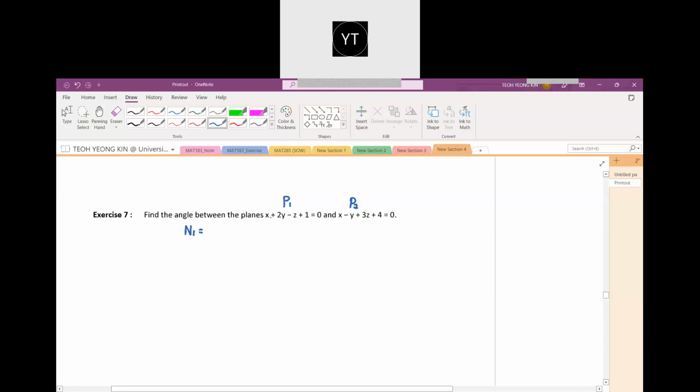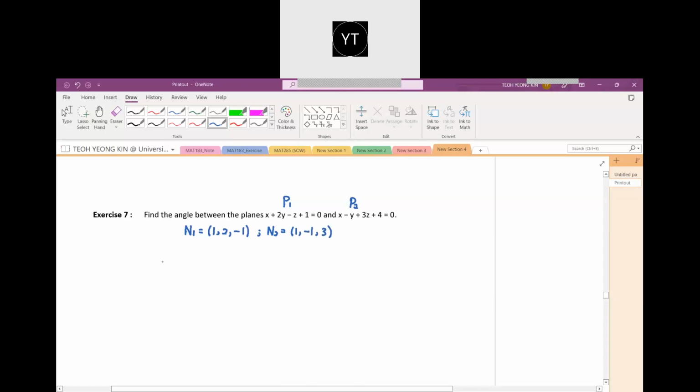The coefficient of x for P1 is 1. The coefficient of y for the first plane is 2. The coefficient of z for the first plane is -1. And then N2: the coefficient of x for the second plane is 1, y is -1, z is 3. So here are N1 and N2.